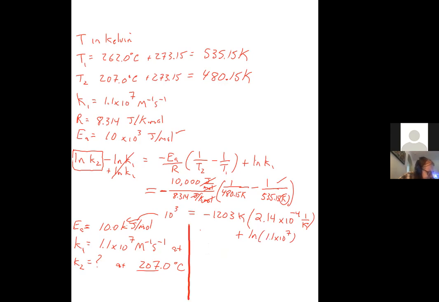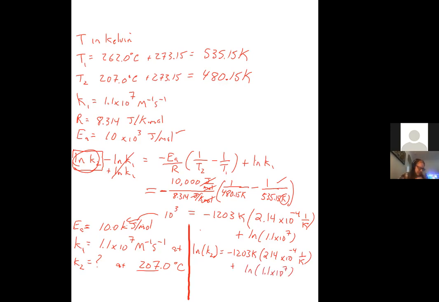Again, I know it's a little messy here. ln K2 is going to be minus 1203 Kelvin times 2.14 times 10 to the minus 4 times 1 over Kelvin plus ln of 1.1 times 10 to the 7.